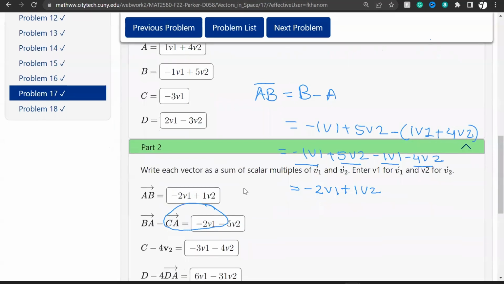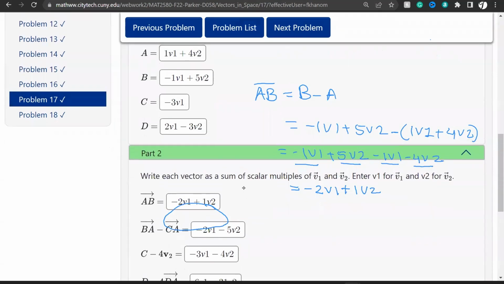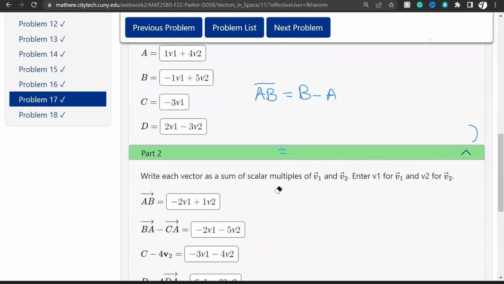Next, let's move to the second one. Let me erase that part. Now they're asking me to do BA minus CA. What you have to know is that for something like BA, you do the reverse: A minus B, not B minus A. To get CA, I have to do A minus C, just like this one.